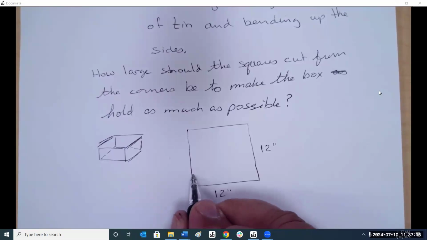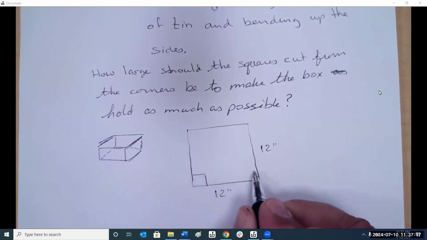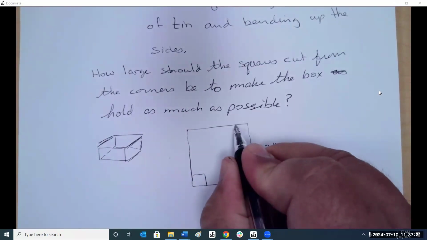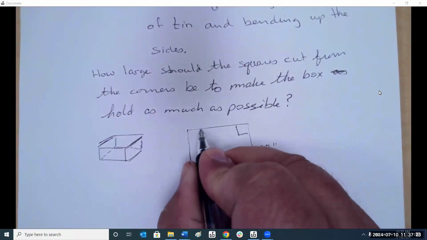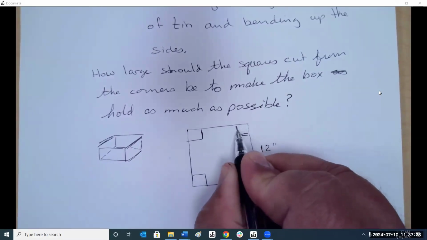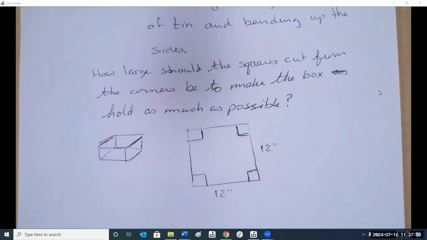So that means we have to cut congruent squares on each side, each corner. How large should the square cut from the corners be?